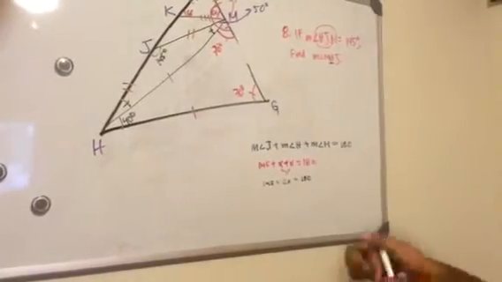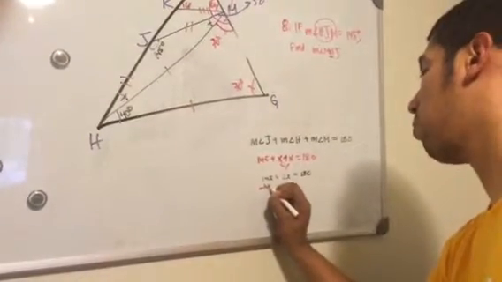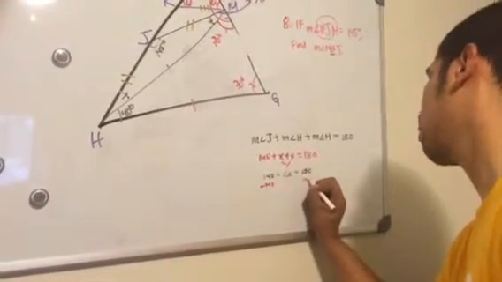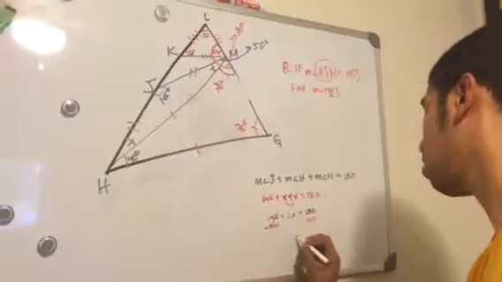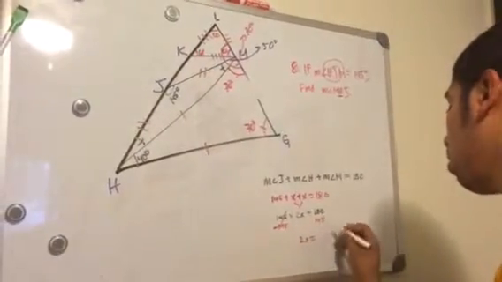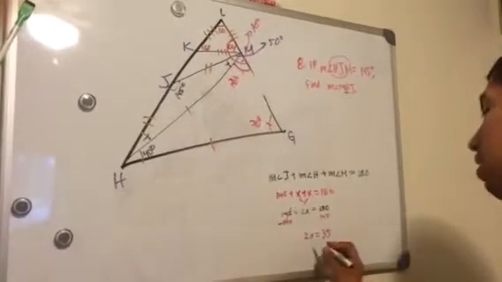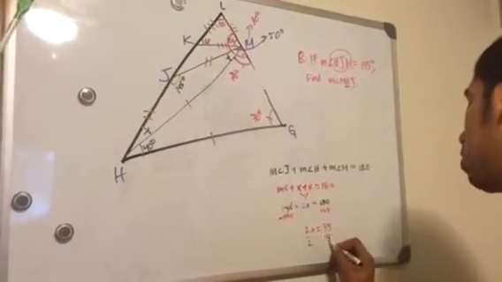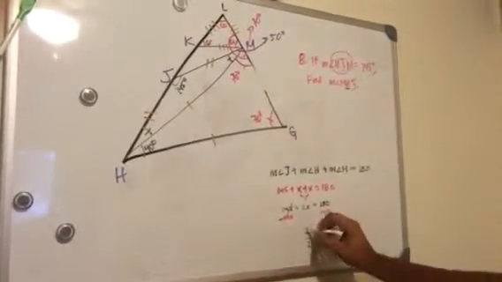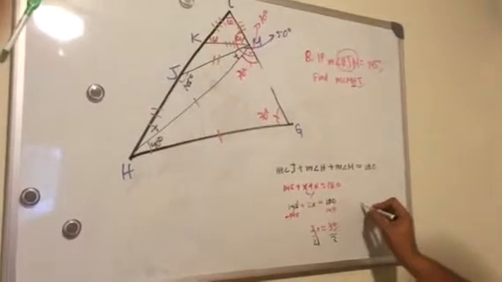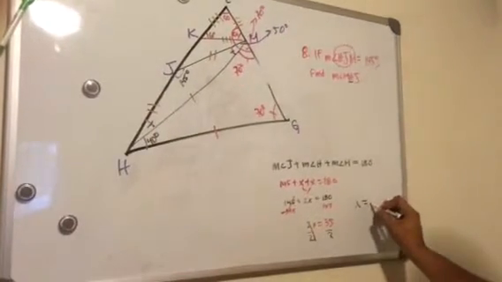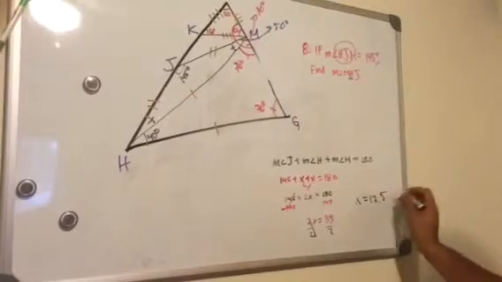Now we want to solve for x and leave x by itself. We subtract 145 from both sides. They cancel. 2x is equal to 35. Our last step will be to divide by 2 on both sides because you want to leave the variable by itself. And then when you divide, x is equal to 17.5.